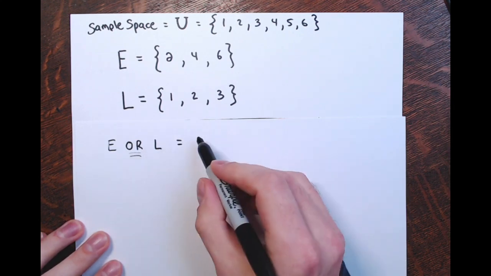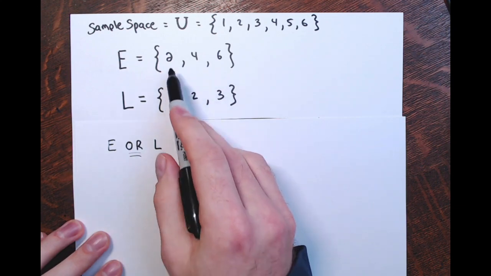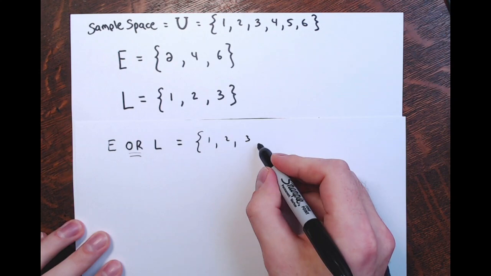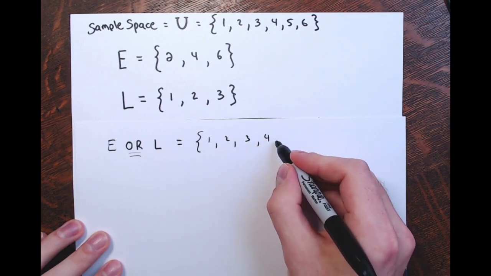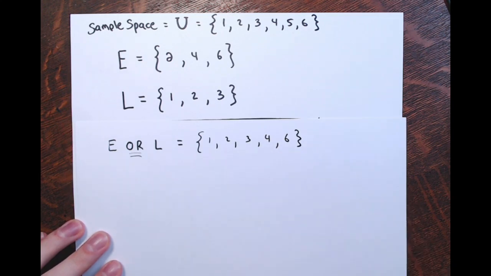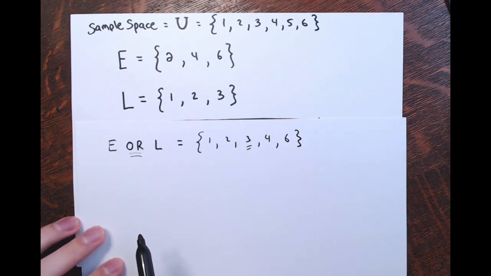This is the union. So this contains everything that's in E or in L or both. So everything but 5. 1, 2, 3 are in L. 4 is in E. 5 is in neither of them, and 6 is in E. So this does contain the number 3. I'll check that box off later.